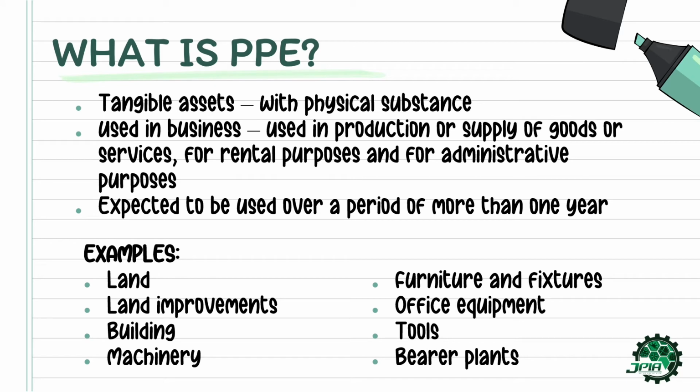Examples of which include land improvements, building, machinery, and many more. All of these usually last for more than 1 year, so they are recognized as PPE. Okay?